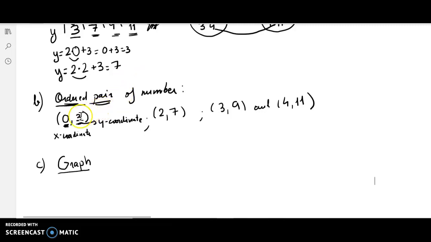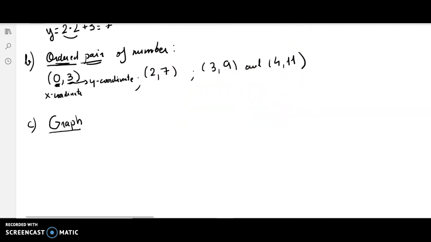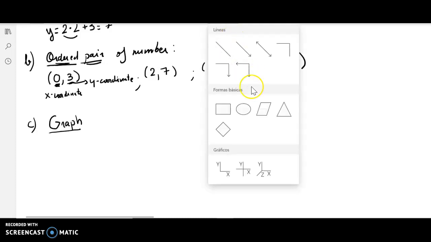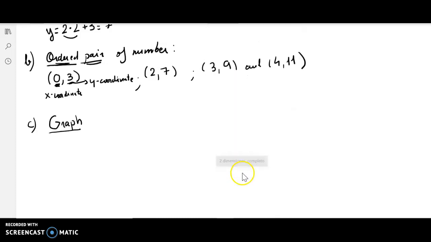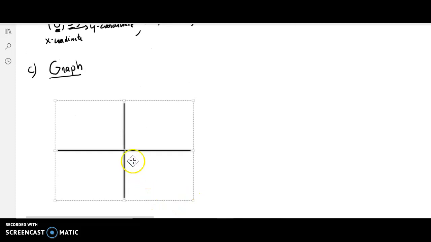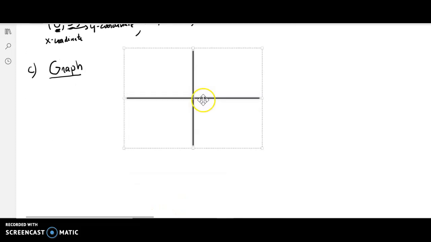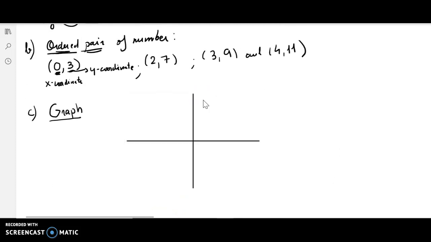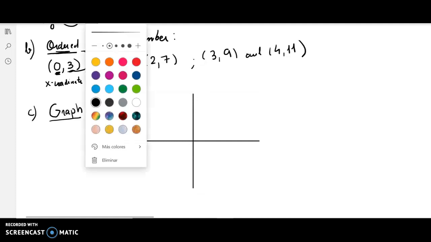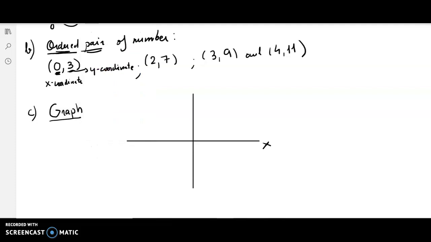Well, I can represent these points on a coordinate plane. So let's make a coordinate plane, and then let's represent these points. Okay, right. So remember that the horizontal axis is the x-axis or abscissa.